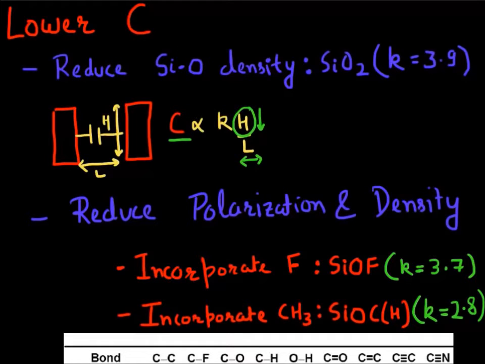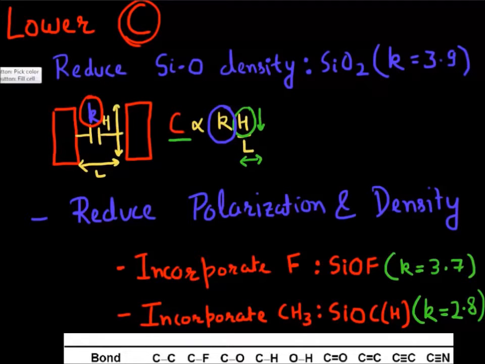But from a material perspective, what we can do is lower the K of the dielectric which is separating these two metal lines, and that is one way we can lower this capacitance. There are multiple ways you can try to lower the K. One way is to reduce the density of your silicon oxide.